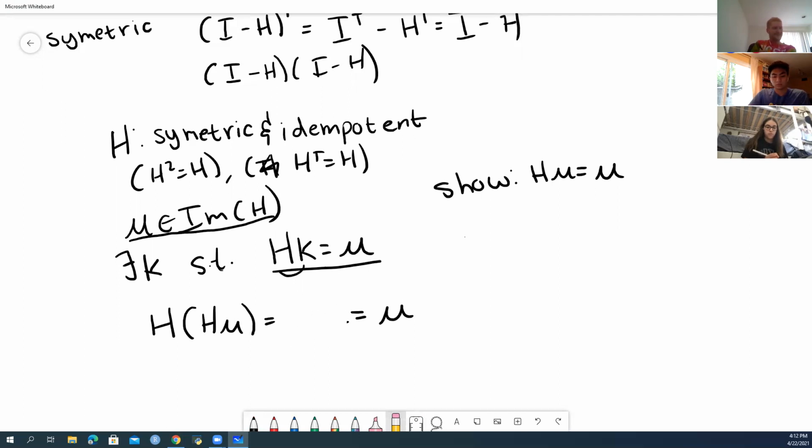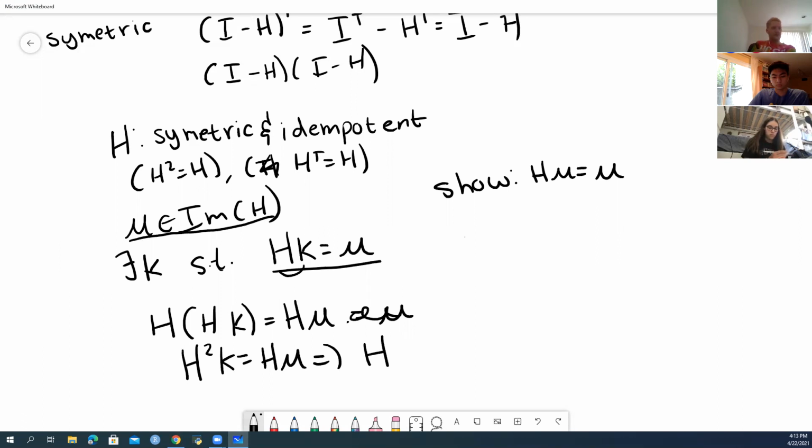H times HK is equal to H mu, which gives that H squared K is equal to H mu, which, from idempotency, implies that HK is equal to H mu. And we also have that HK is equal to mu.